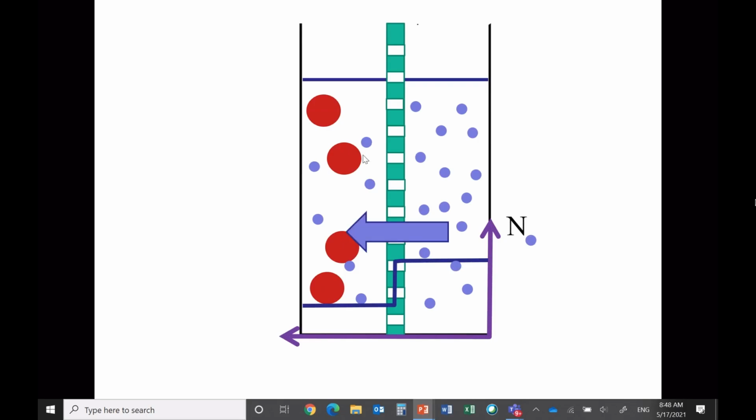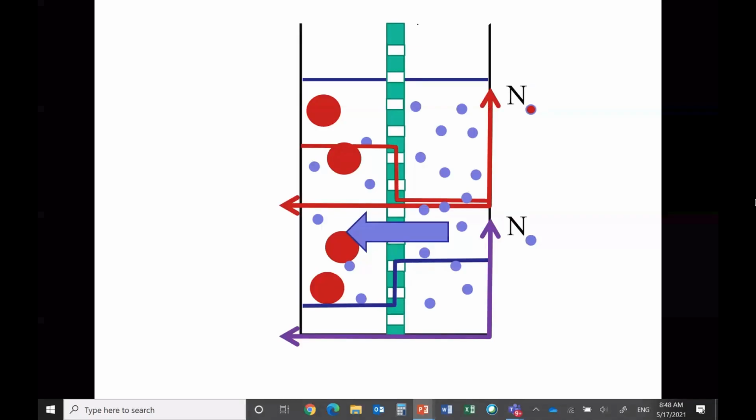The same must be for the large particles. The concentration of the large particles here on the left is higher than on the right. However, the membrane doesn't allow the large particles to go through.